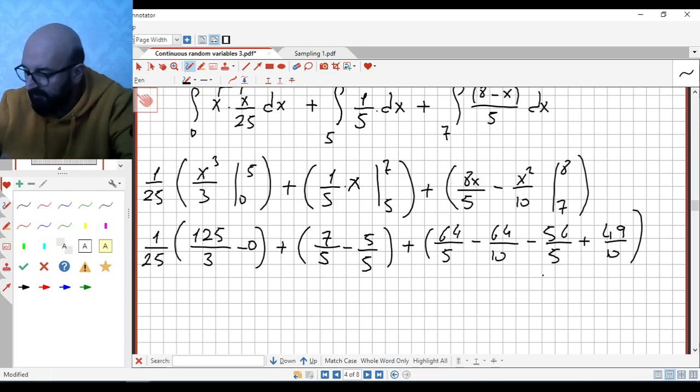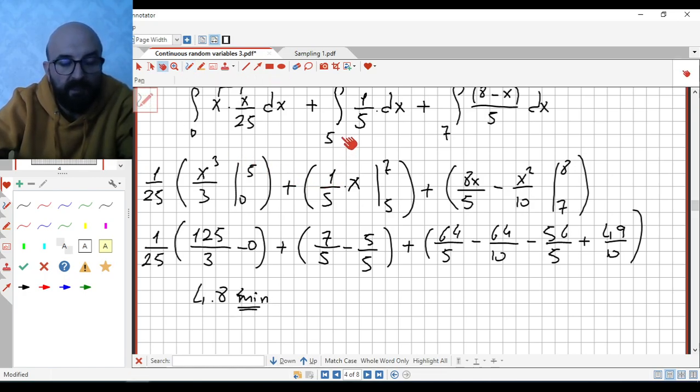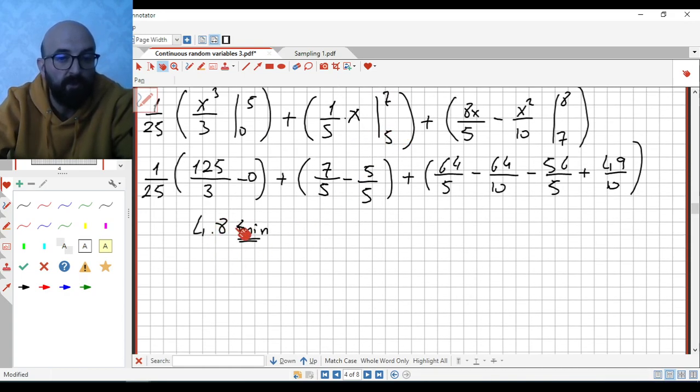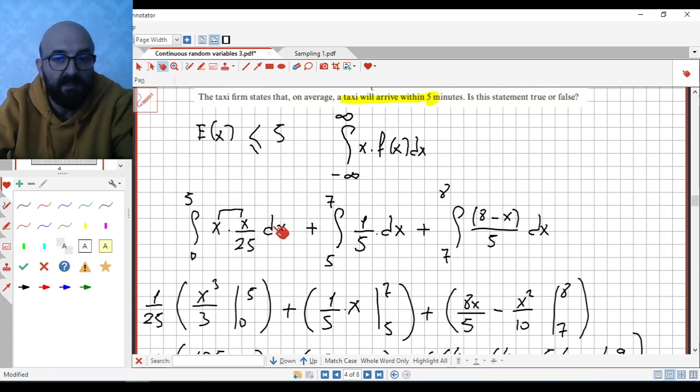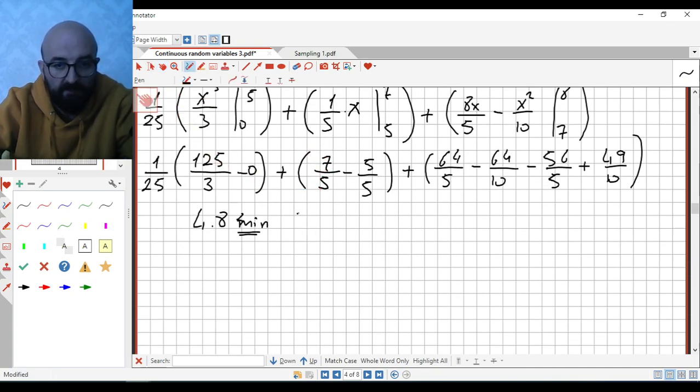Okay, I want to look at the result for using short time. Now I'm looking at these processes, and it means 4.8. So 4.8 minutes means the taxi will arrive within 5 minutes. So the expectation value is 4.8 minutes, and the taxi firm says true, and it should be because it is less than or equal to 5.